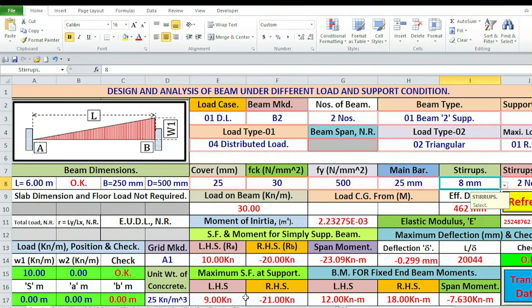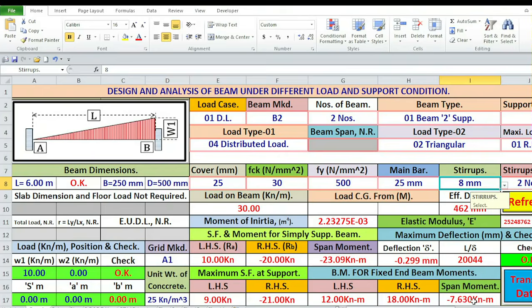For fixed beam, maximum shear force left hand support 9 kilonewton, right hand support 21 kilonewton, and bending moment left hand support 12 kilonewton, right hand support 18 kilonewton, and span moment minus 7.630.